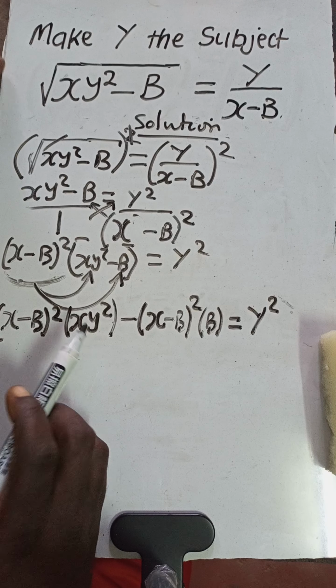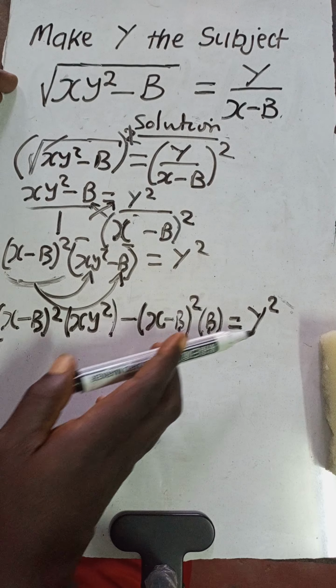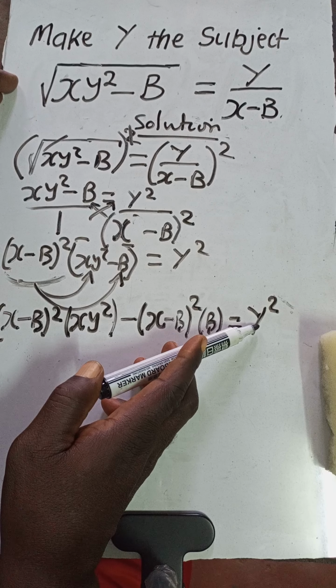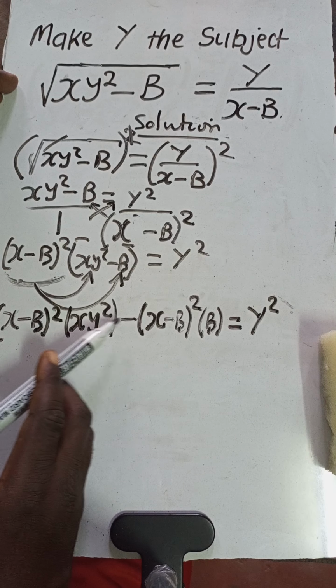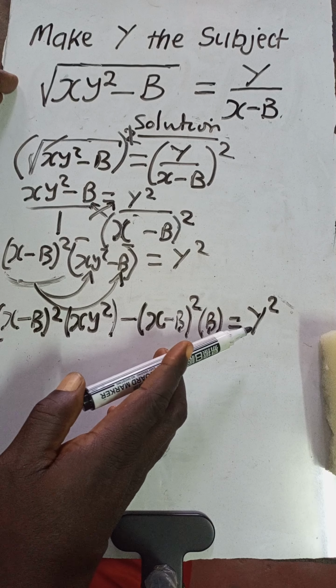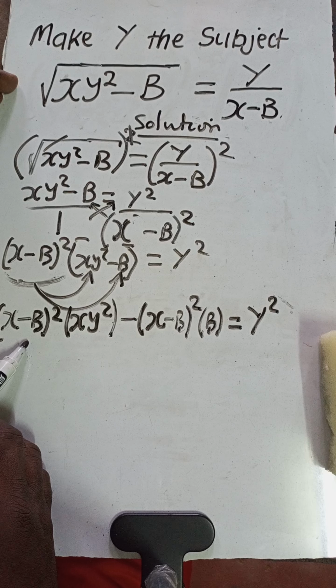Pay attention, we want to have y alone. So what we need to do now is bring this y squared on the right hand side to the left hand side, since there's also a y squared on the left hand side. It's positive y squared; when it's coming this way, it becomes negative y squared.